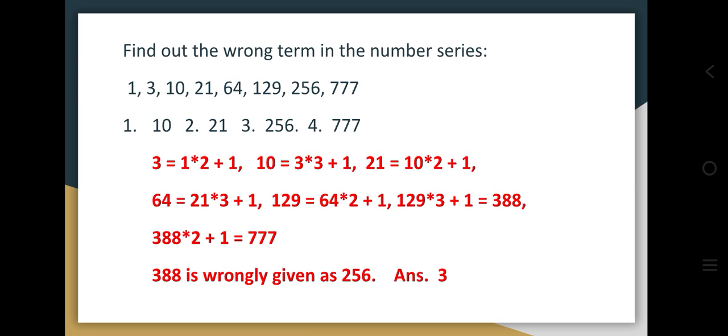So that is the wrong number. If you multiply 388 by 2 and add 1, we get 777. So that is correct. So the wrong number is 256. So the answer is 3.